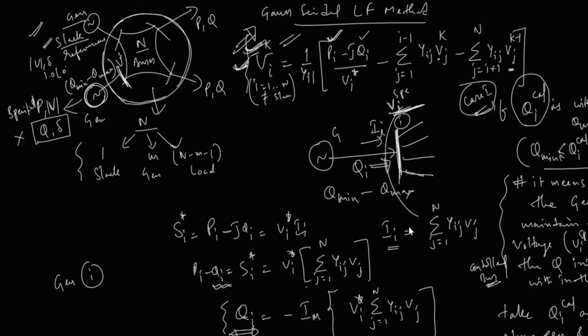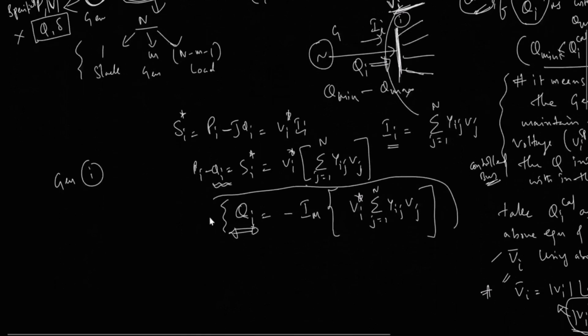So in the last class we discussed the Gauss-Seidel method considering both PV buses and PQ buses in the system, right? Now when we encounter PV buses, as the reactive power at that PV bus is not specified, we need to calculate the reactive power by using this equation. As I said, this is the Q injection into the bus, right?